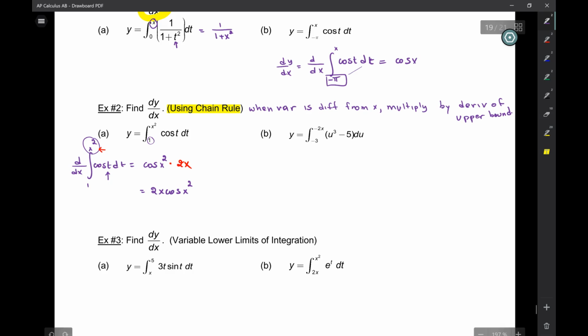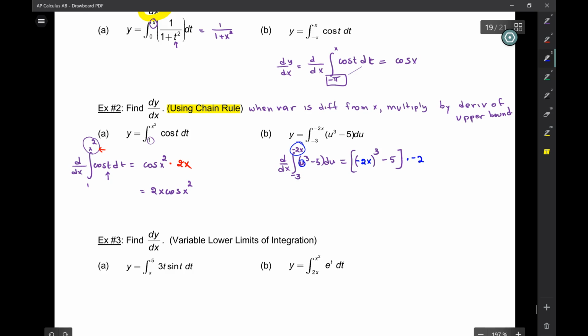All right, here. d dx of this mess is equal to, now the negative 2x is going to get substituted for u. So it's going to be negative 2x cubed, right? Minus 5 times what? Times negative 2.